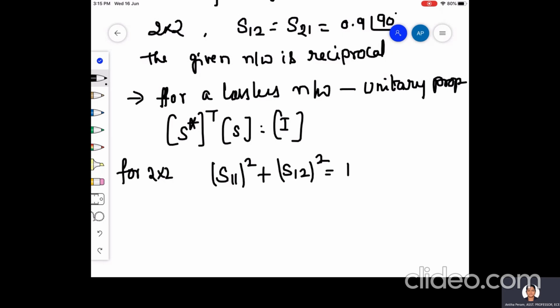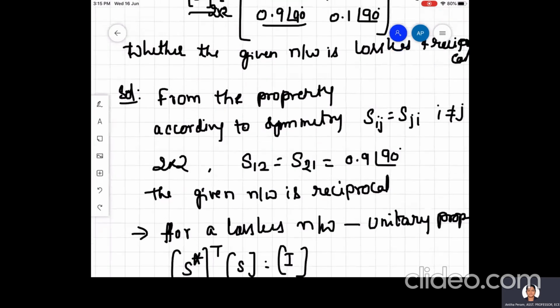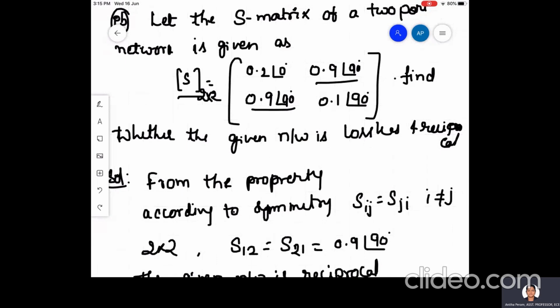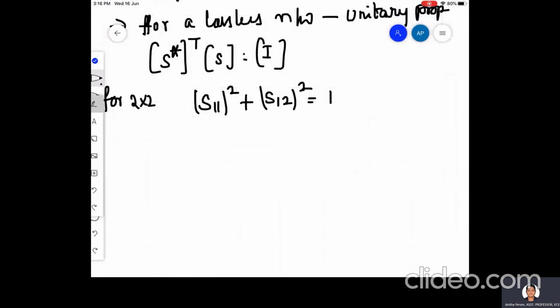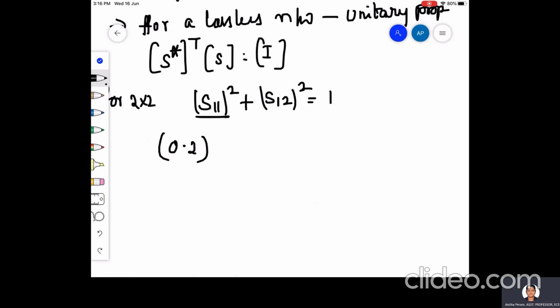So we'll verify the first condition. In the given S matrix, S11 is 0.2 at an angle of 90, S12 is 0.9 at an angle of 90. Now we'll substitute into this equation. Because it's a modulus, we consider only the magnitude, no need to consider the phase.